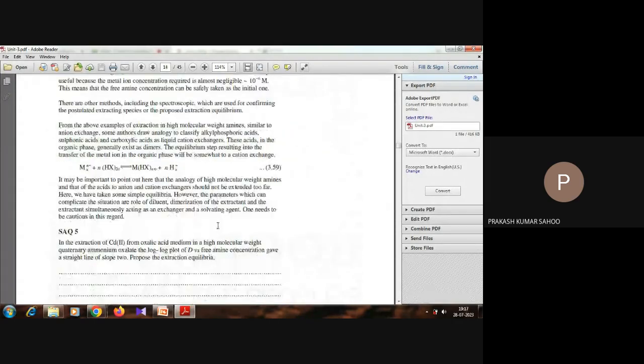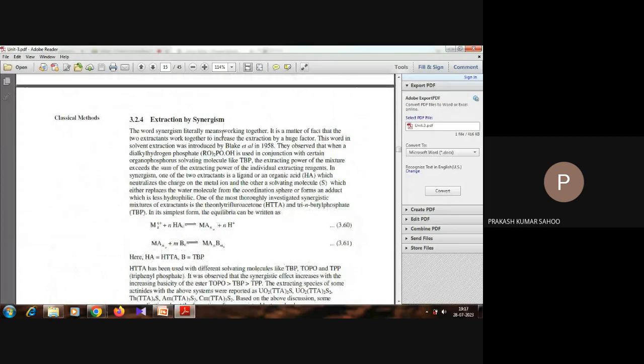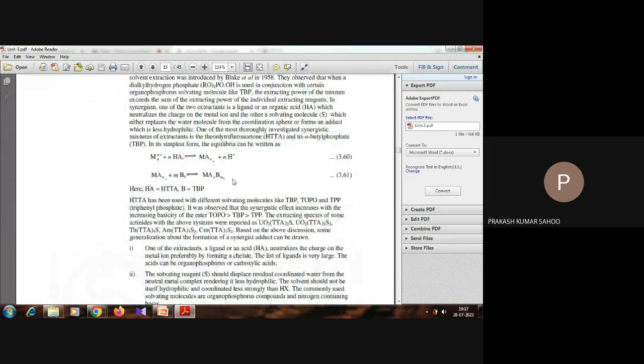Then next will be extraction by synergism, which will increase the solubility. So this is your metal ion which is added with this type of agent to liberate H plus ion and salt-like things.